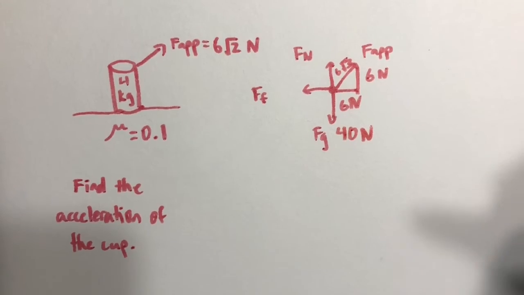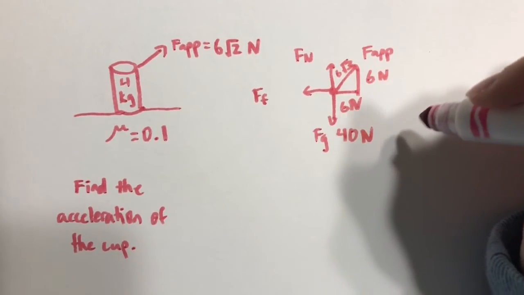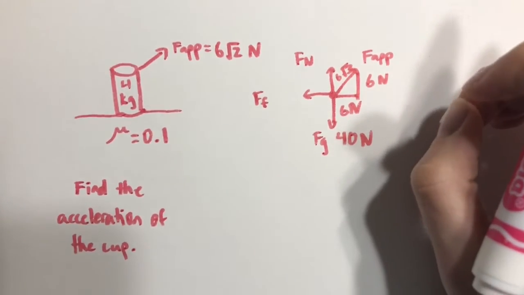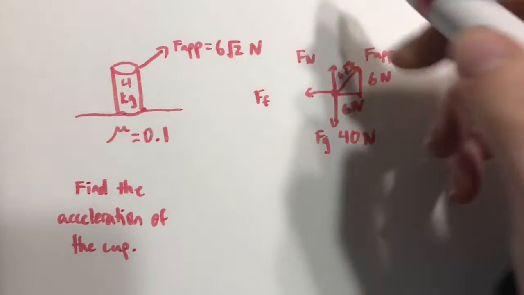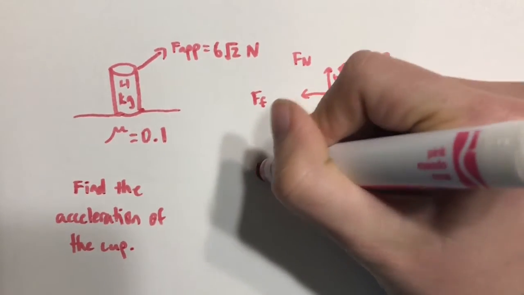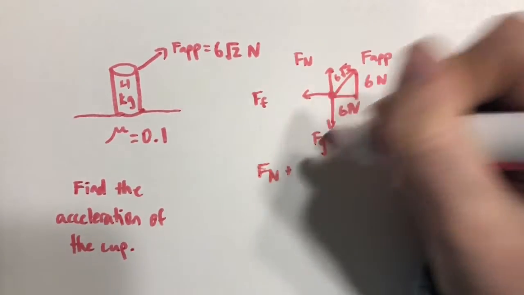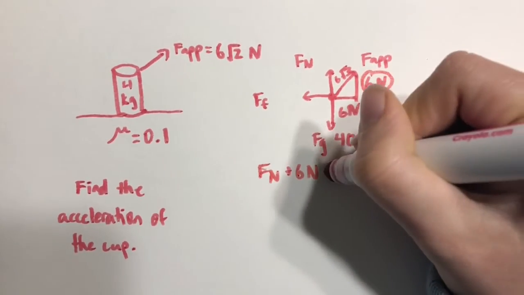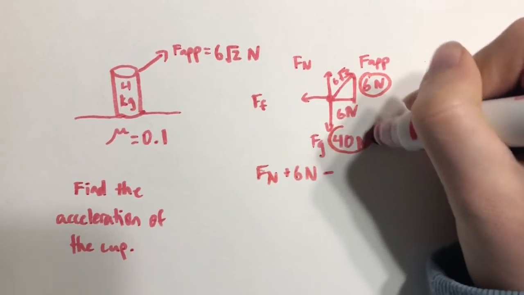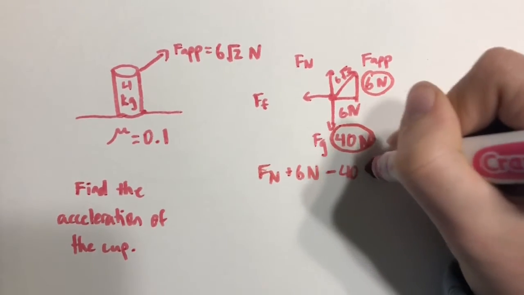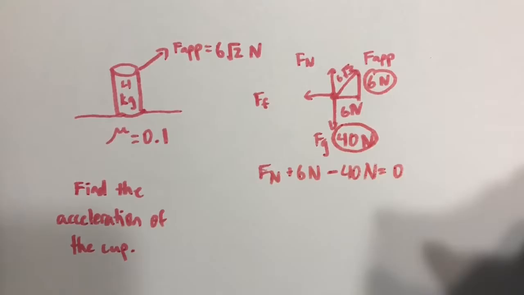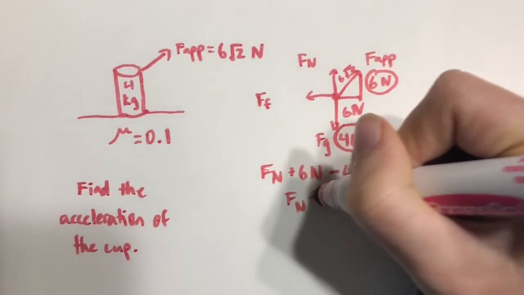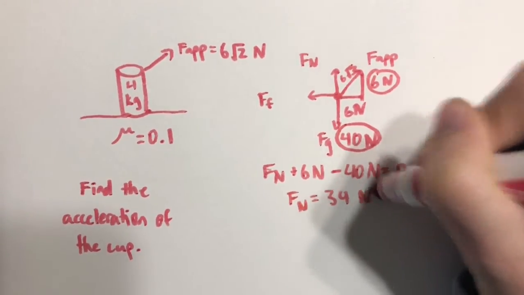So, in order to find the normal force from this information, because it's not being moved up and down in any way, we need to create this equation, which is that the normal force plus these 6 newtons from the applied force minus these 40 newtons from the gravity force is going to equal 0. And that gives us a normal force of 34 newtons.